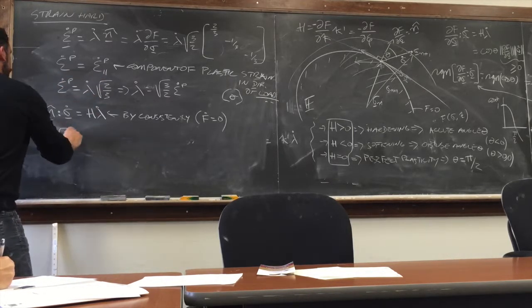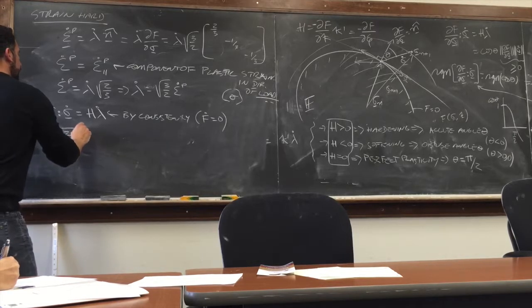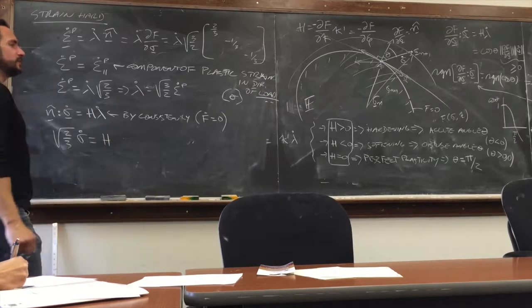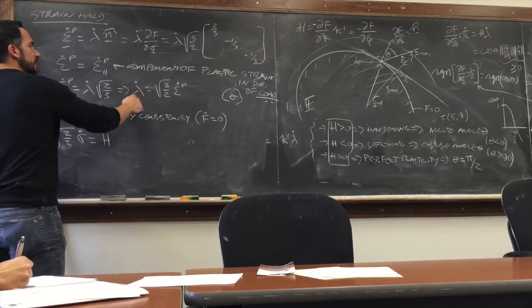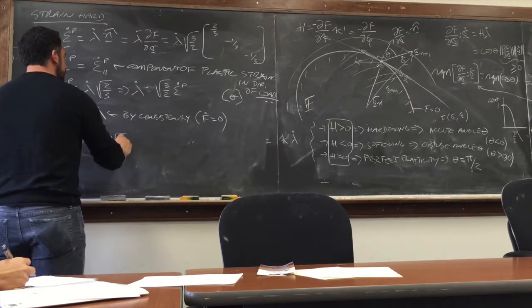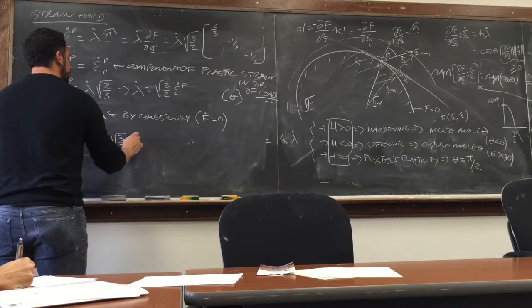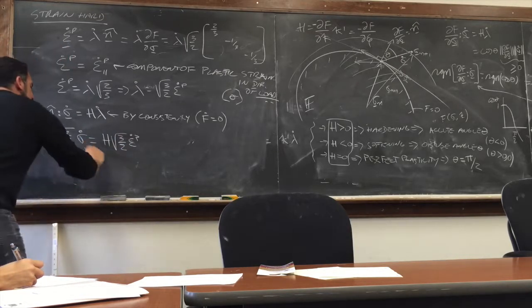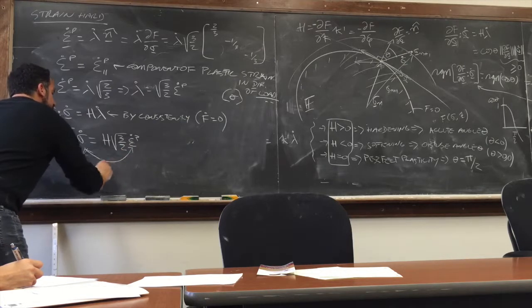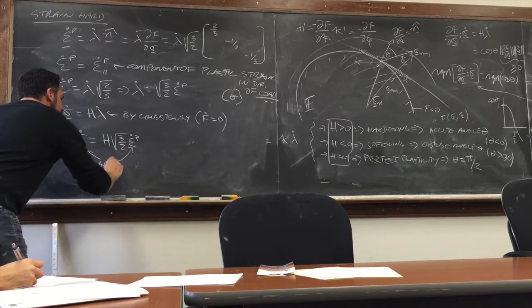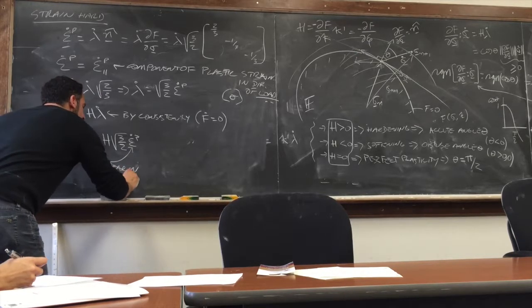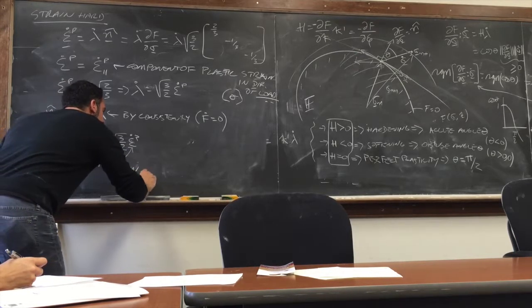This is root 2/3 sigma dot equals h, the hardening modulus, times lambda dot, and these are the guys that appear in your 1D model.